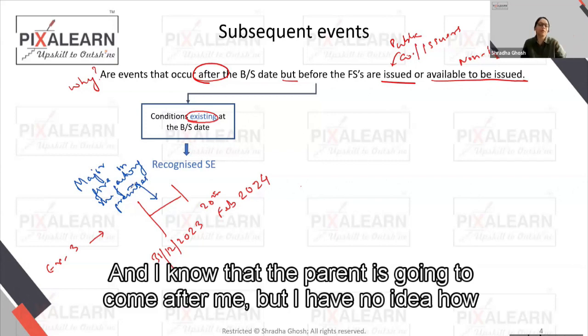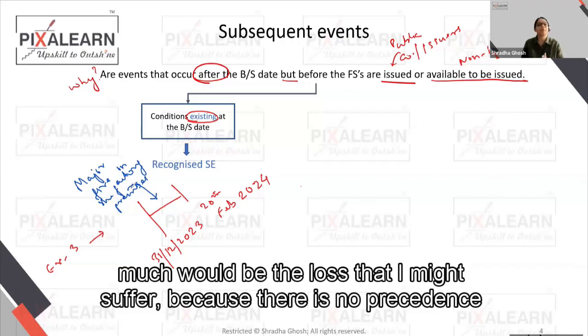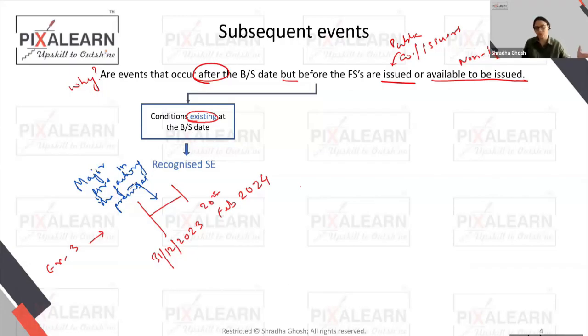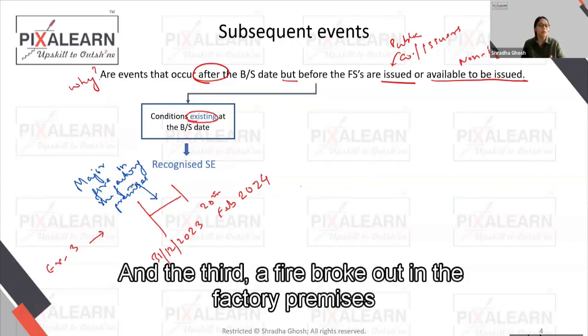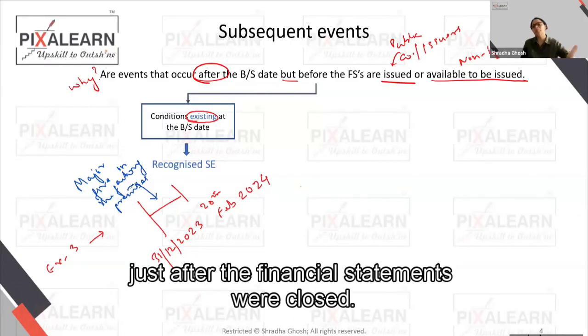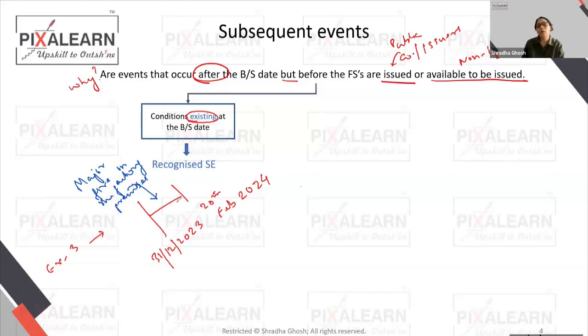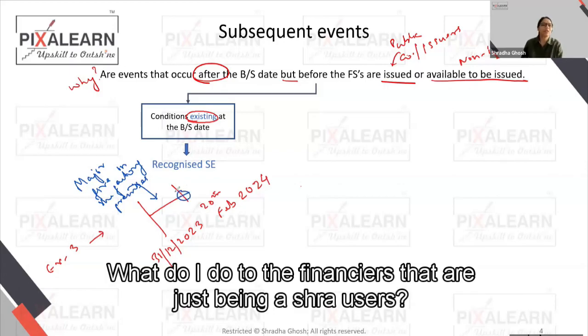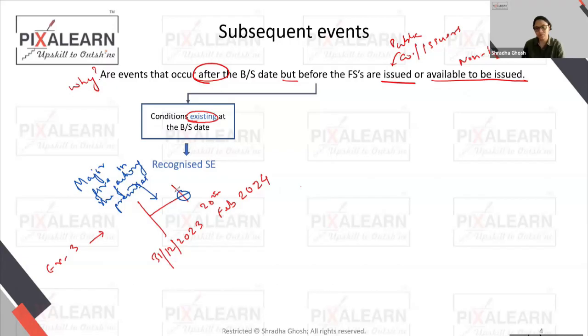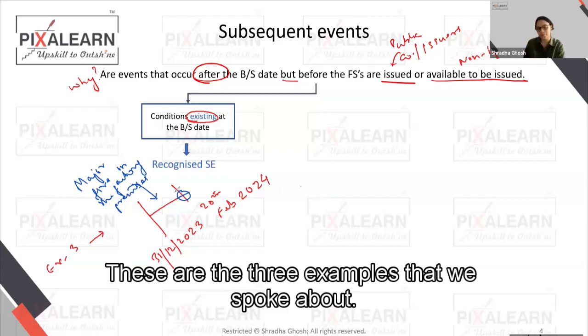I know the parent is going to come after me, but I have no idea how much the loss would be because there is no precedent. And three: a fire broke out in the factory premises just after the financial statements were closed, big enough for me to even shut down my business. What do I do to the financials that are just being issued to the users? These are the three examples that we spoke about.